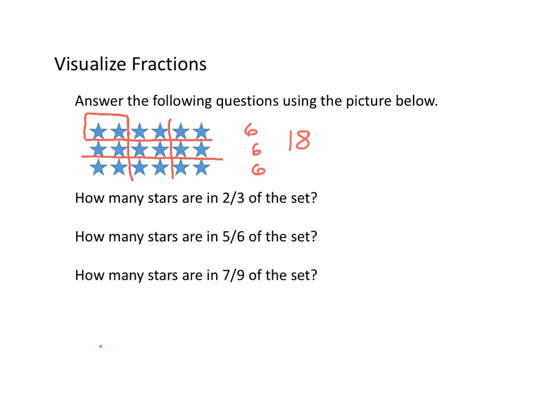So there's 9 of those. 7/9 of those would be, well, let's see, all but 2, right? So it would be that many. So we have 7 times 2, that would be 14. So once we figure out how many are in each ninth, then we can multiply by 7. Very interesting. Okay, so that's our process of visualizing.